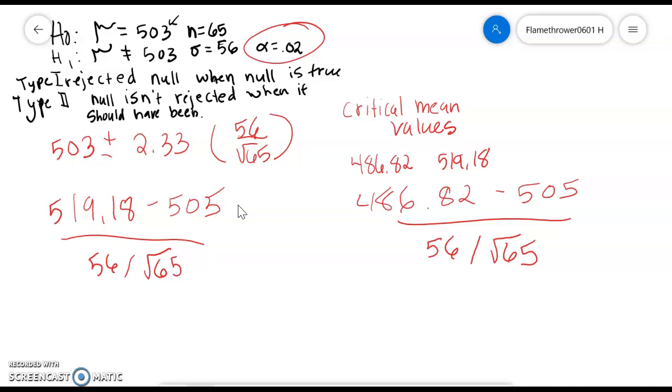I can't remember exactly what I got on that because I scribbled it out. I think I got 2.04 and negative 2.65, but I'm going to pause it and check. So it looks like I got positive 2.04 and negative 2.62. We can turn this around to get the smallest one first.